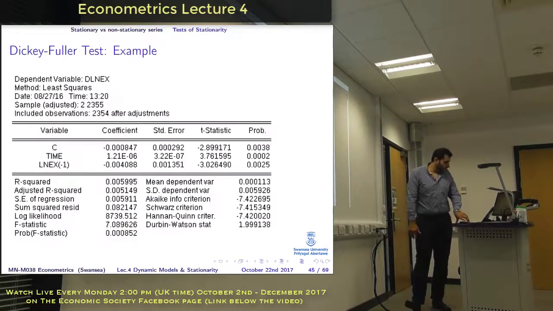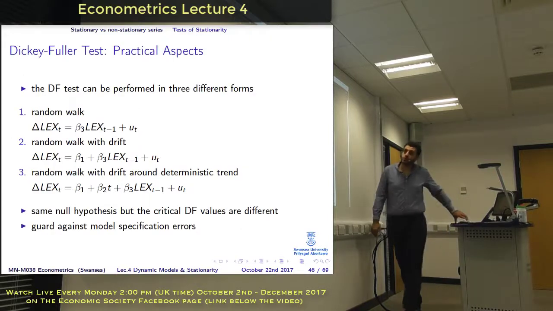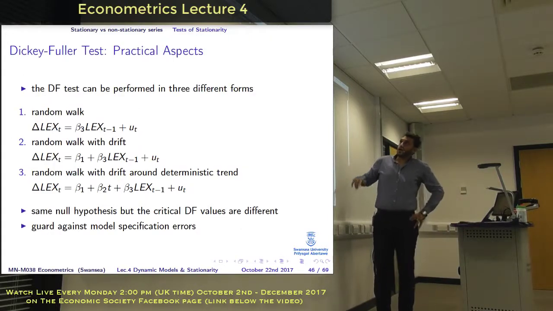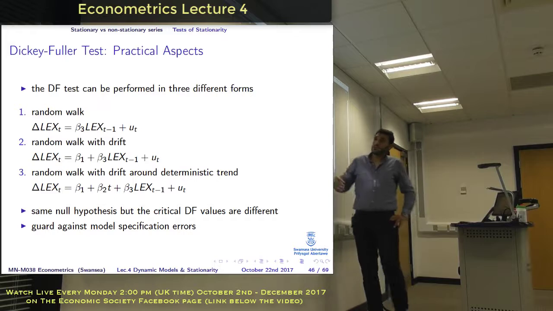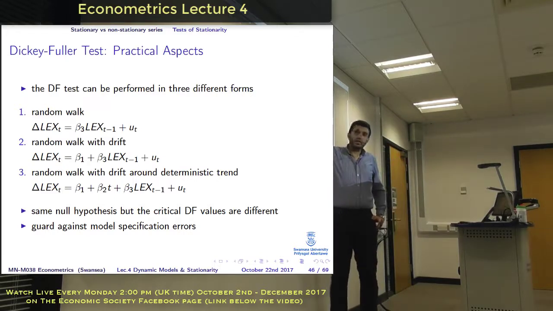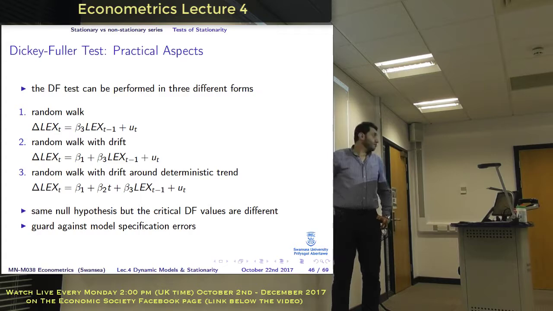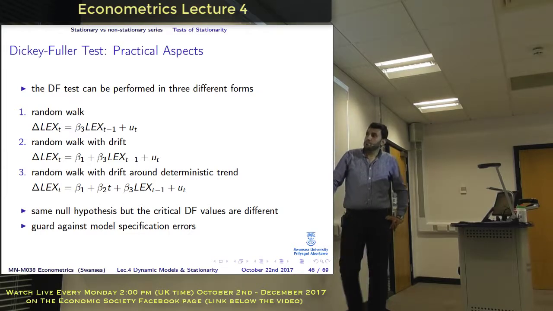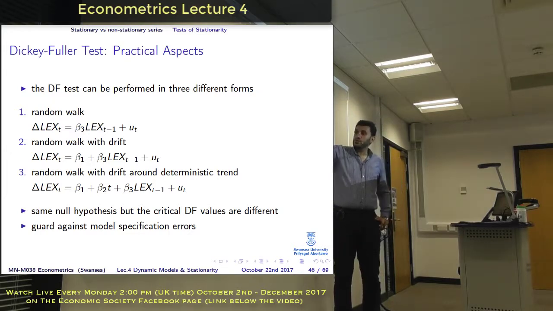So in this one, we introduce only one case, but there are three cases, or different forms. The first one here is known as random walk. So you don't have constant, you don't have time trend. So no constant or time trend. The second case is random walk with drift, because you have a constant.